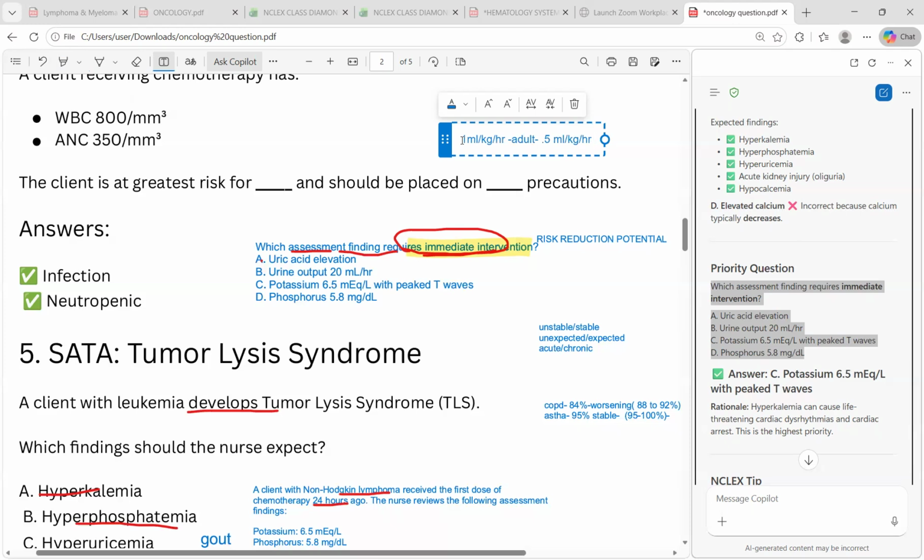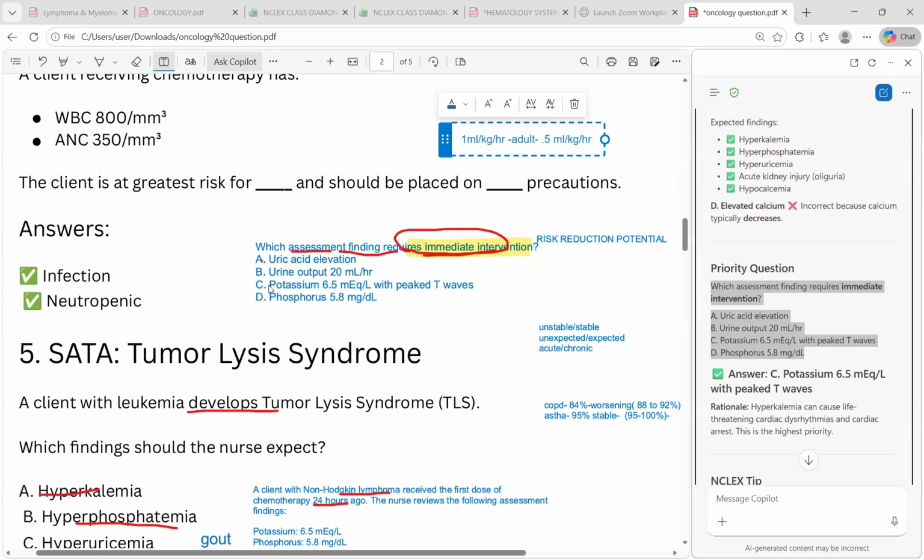Mostly we count 30 ml as the average for a 60 kg adult. Minimum 0.5 ml per kg per hour is needed for an adult. Here the urine output is only 20 ml, which is less than the minimum. So 30 ml is the minimum adult urine output.